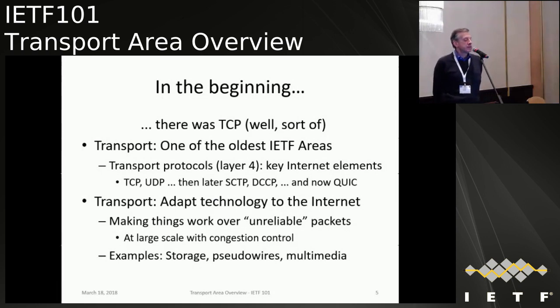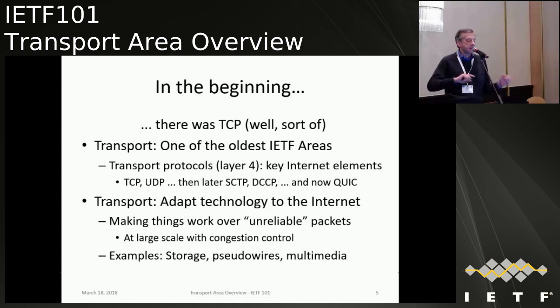At layer 4, there are key internet elements. Whatever you do over the internet almost certainly involves some transport protocol: TCP, UDP, later on SCTP, which was originally developed for very low latency telephony signaling but has found a number of other uses. The most recent interesting use is as the data channel for WebRTC.